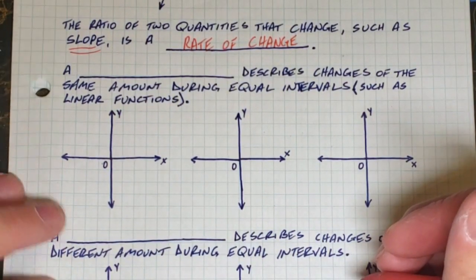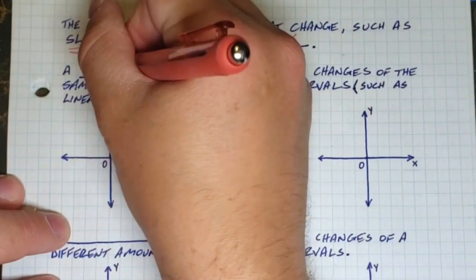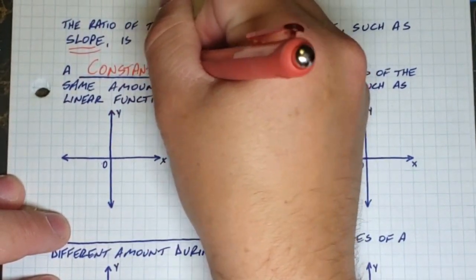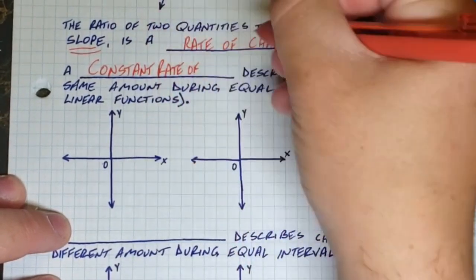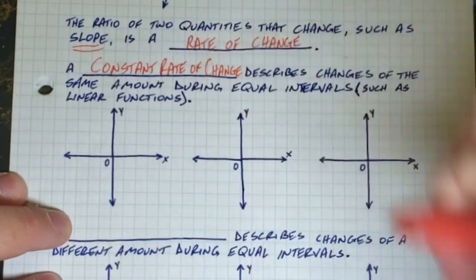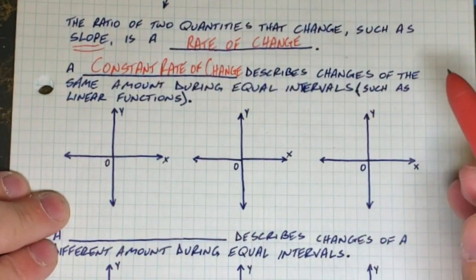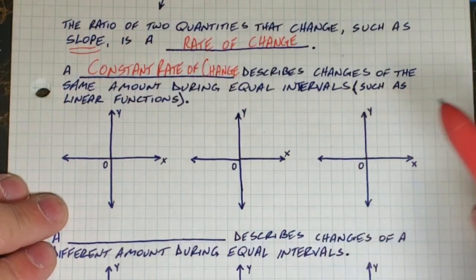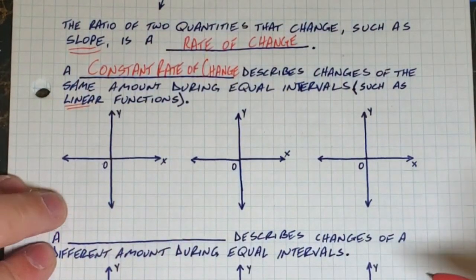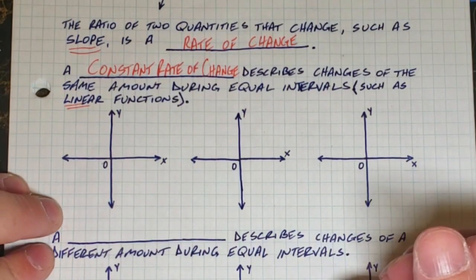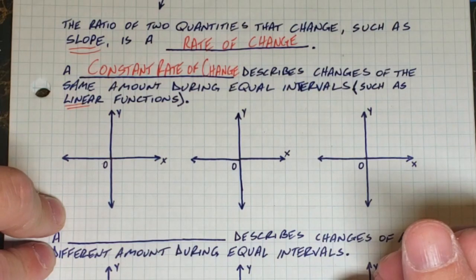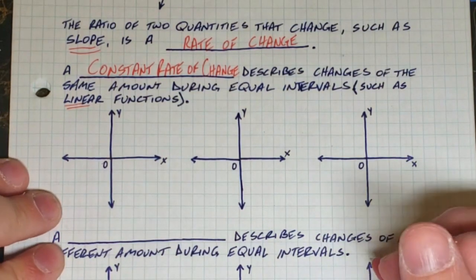The first is called a constant rate of change. A constant rate of change describes changes of the same amount during equal intervals, such as a linear function. In other words, constant rates of change show up as straight lines.